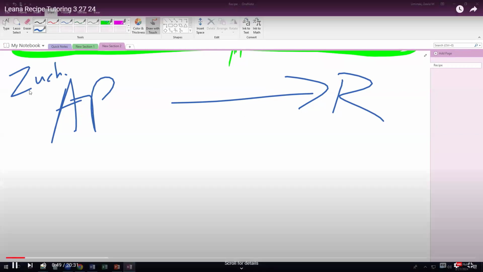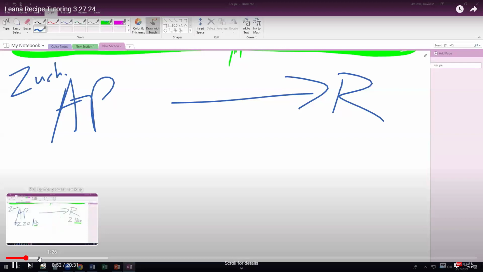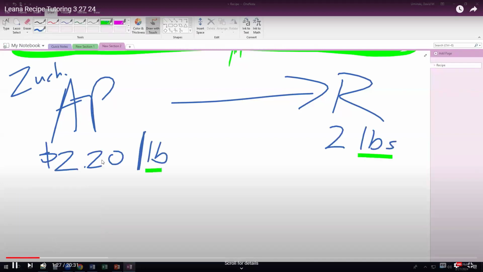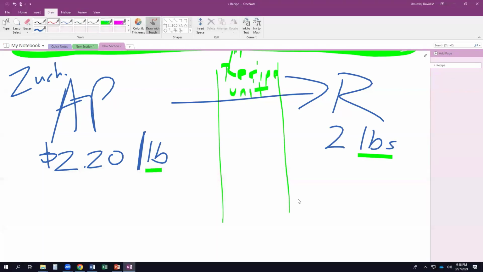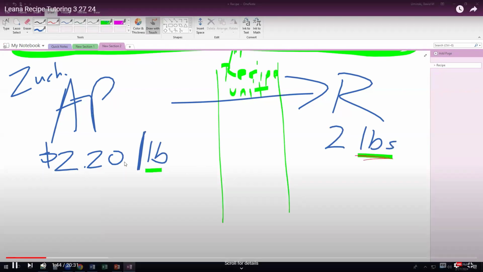So it looks like here we were working with zucchini, and the as purchased for the zucchini was $2.20 per pound. We needed 2 pounds. And so we looked at our ingredient units, they match. And then in the middle right here, this is that recipe unit cost that's on your worksheet. So we want to get under the cost of one recipe unit. If we know that it's pounds, then we want to write pounds right here.